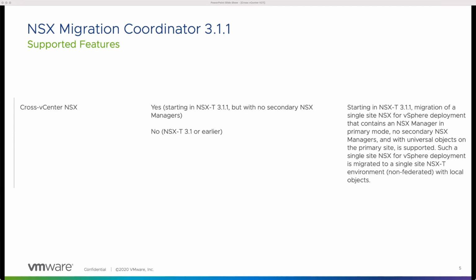So that means that we can't have a secondary NSX manager enabled, and we can still have the primary. So if you were really just using your cross vCenter environment, say just for disaster recovery, and that secondary site was sitting dormant, you could go ahead and delete that secondary NSX manager, leave your primary manager up with its universal objects, and then migrate it over to one NSXT instance.